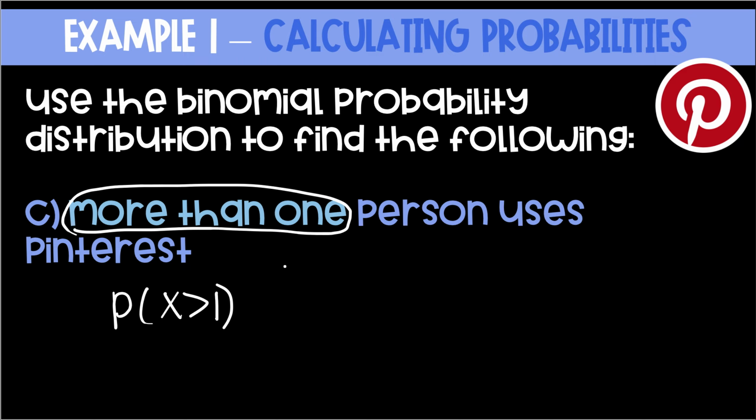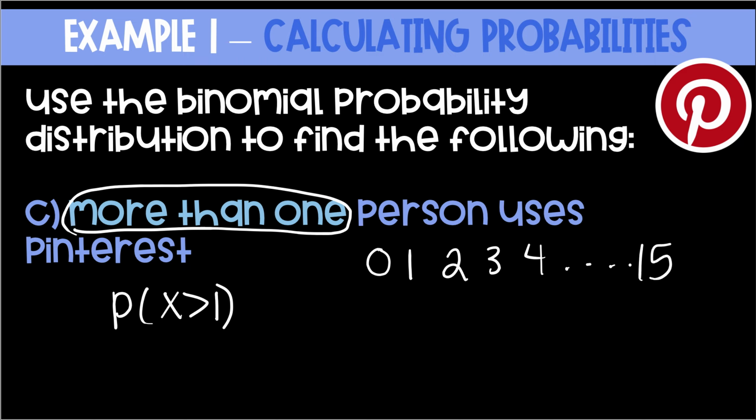Again, our calculator only allows us to use those inequalities that include the values: X is less than or equal to, or X is greater than or equal to, or X is in between 2 values, including those values. If I want more than one person, keep on going, all the way to 15.